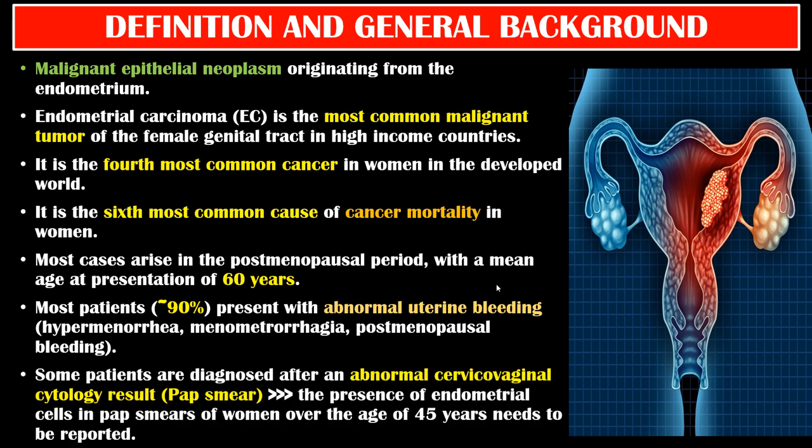Some patients are diagnosed after an abnormal cervicovaginal cytology result, that is pap smear. The presence of endometrial cells in pap smears of women over the age of 45 years needs to be reported.